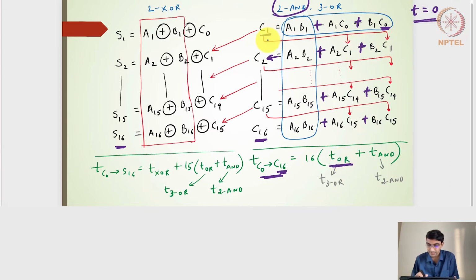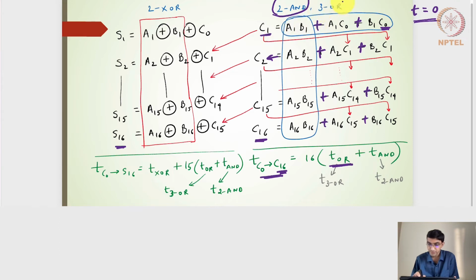here, right? The moment C1 is available, then it has to wait for the A2 C1 output to be generated and the B2 C1 output to be generated, and that is fed into the OR gate to generate the C2 expression, right? So for C2, it has to wait for the 2 input AND gate here.